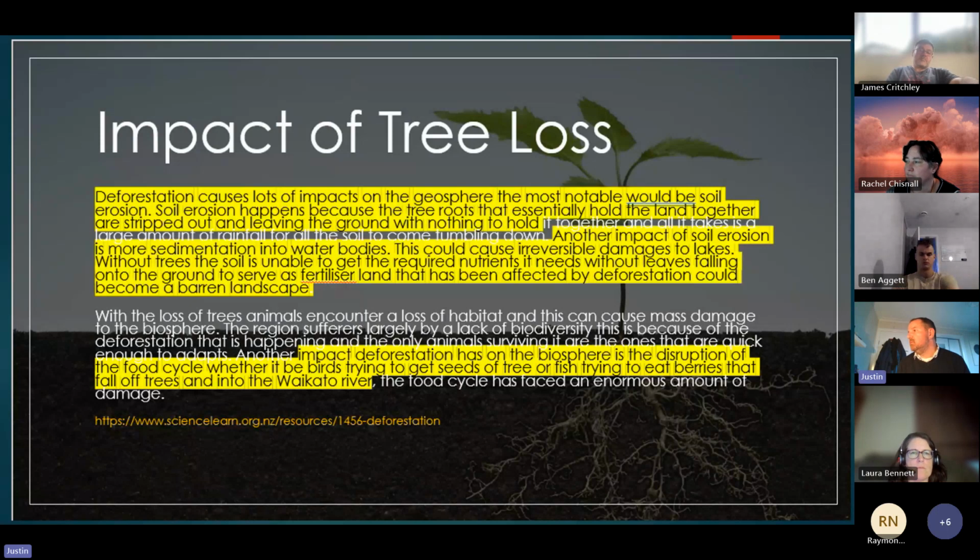Another impact is sedimentation of water bodies, which could cause irreversible damage to lakes and the nutrients, etc. They've also got the idea of disruption in the food cycle, with birds trying to get seeds of trees, or fish trying to eat berries that have fallen off trees from the Waikato River. So I think there's probably enough there to justify a description of changes due to human-induced changes in two spheres.